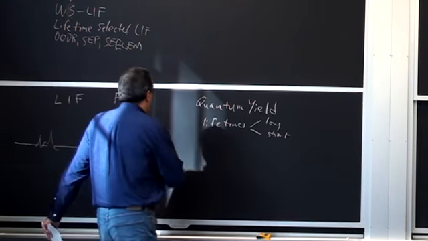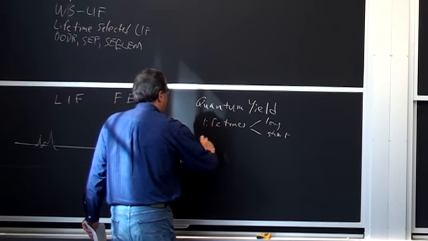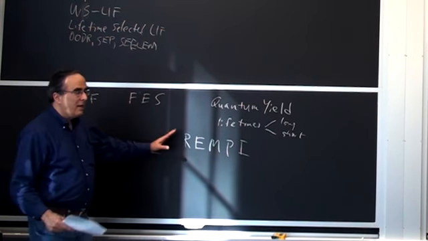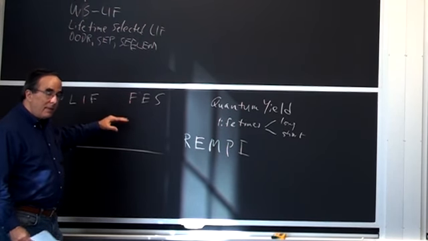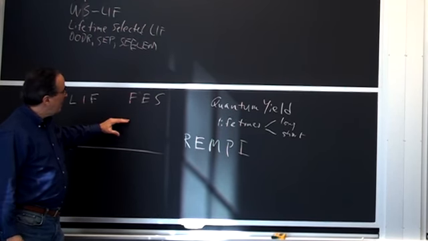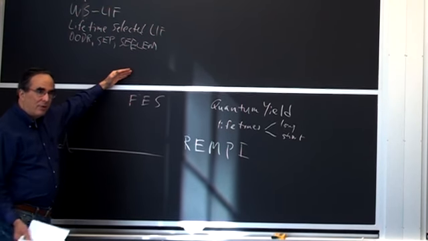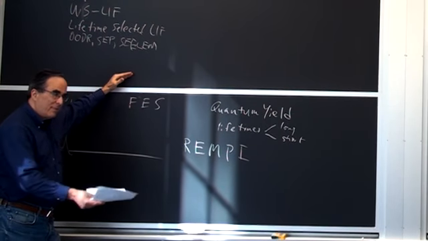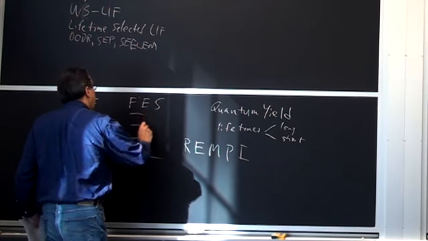And you could also be doing an experiment like resonance-enhanced multiphoton ionization. So instead of looking at fluorescence, one could be exciting to some intermediate state, and then with a second laser ionize. And that's also not indiscriminate.